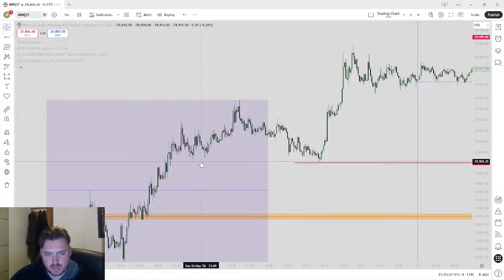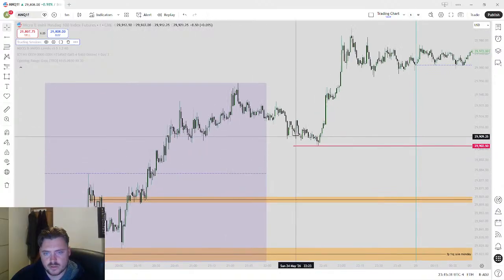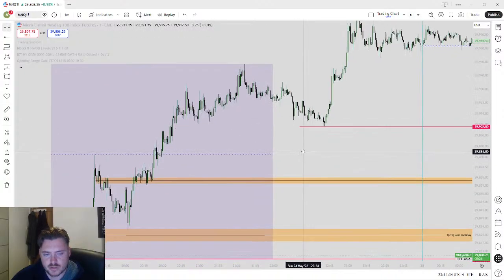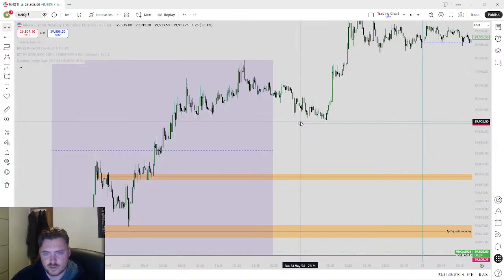But the problem was you could assume we're still bullish here because it's not going to retrace like this until we get down here, until we get to London, New York. There's not any relative equal lows here. This is just trend.